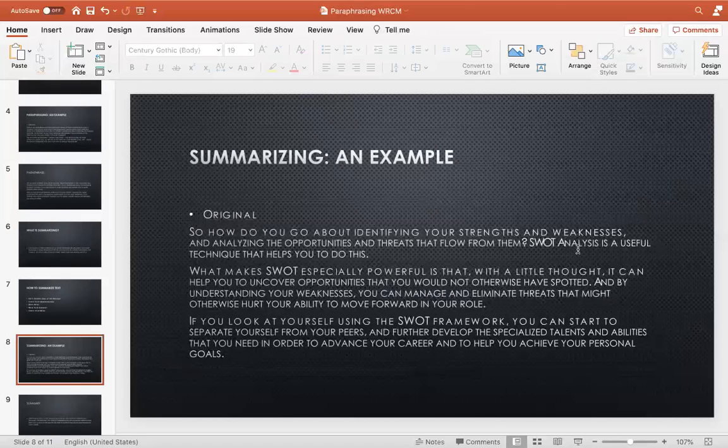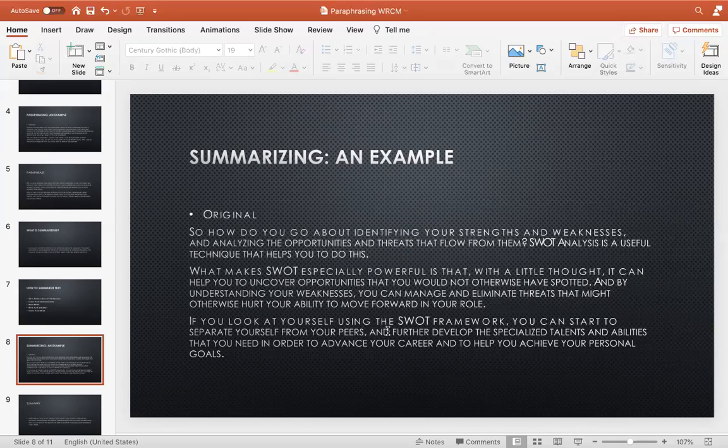SWOT analysis is a useful technique that helps you to do this. What makes SWOT especially powerful is that with a little thought, it can help you to uncover opportunities that you would not otherwise have spotted. And by understanding your weaknesses, you can manage and eliminate threats that might otherwise hurt your ability to move forward in your role.